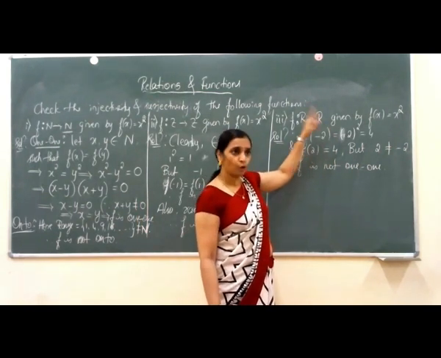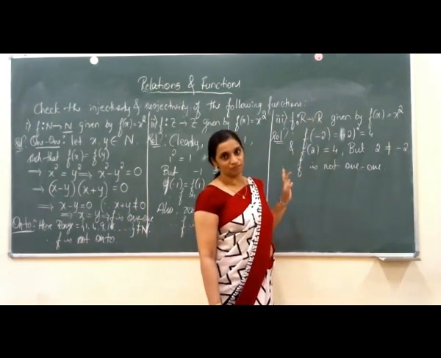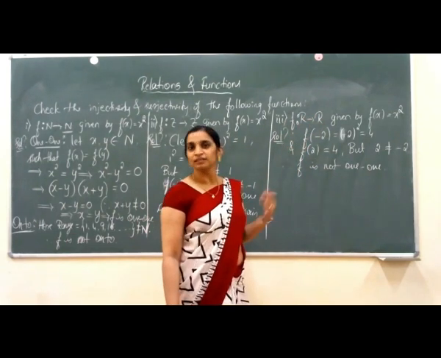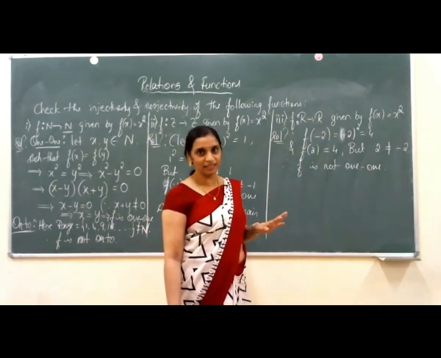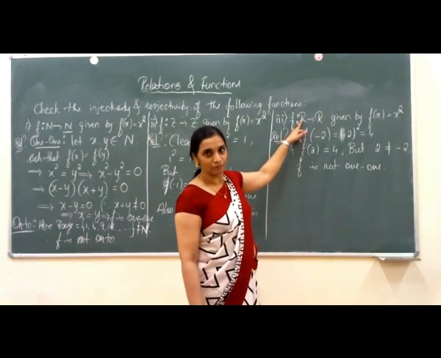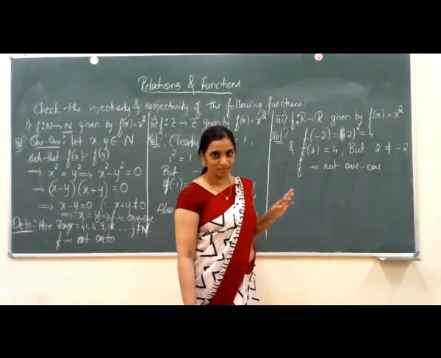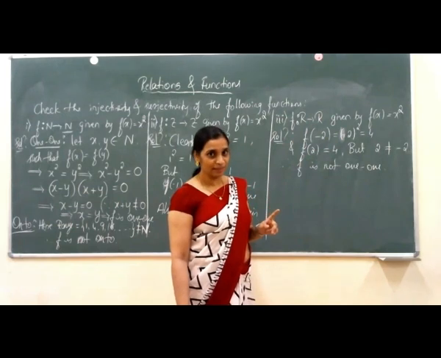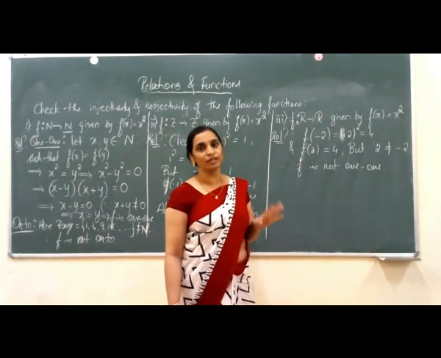And when you consider the codomain, every element in the codomain is not an image. If you take the negative numbers, they are not at all the image of any element in the domain R, because when we consider x square, the values are always non-negative.